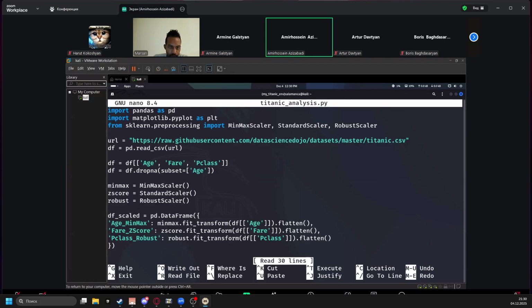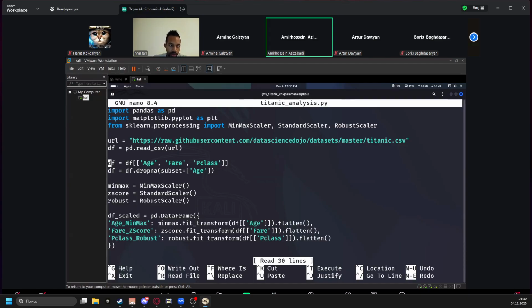So I wrote the import, and it means the import of the three scaling methods from the scaling layer. And here the URL from the GitHub, and this is for df to read and receive the URL.